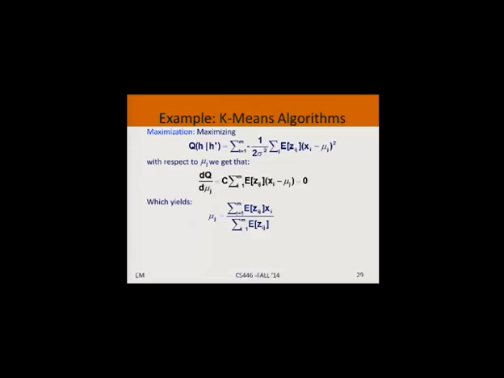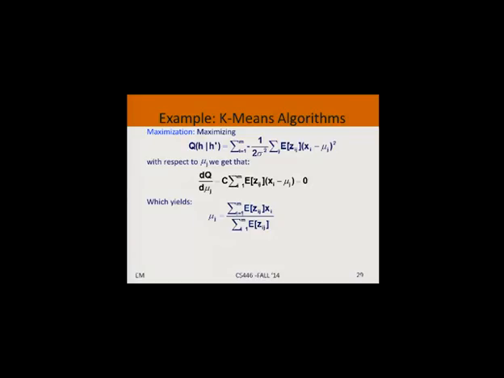It's very easy to see what you're going to get: some constant, I don't care about the 2 that goes there. We don't care about this constant. And I have the sum of E Zij times xi minus mu j, and I want this to be 0. It's easy to see that mu j is this fraction.